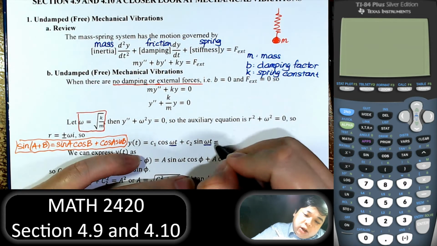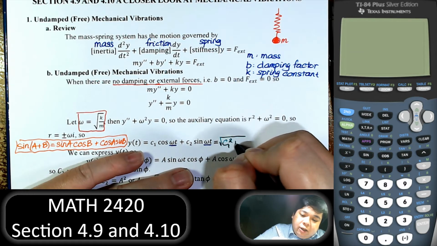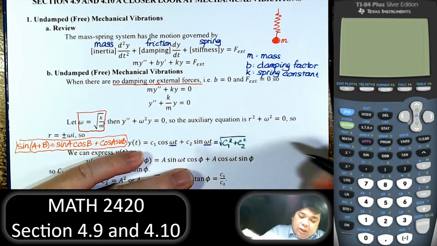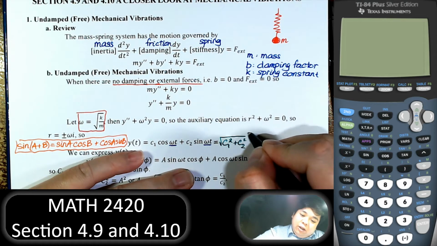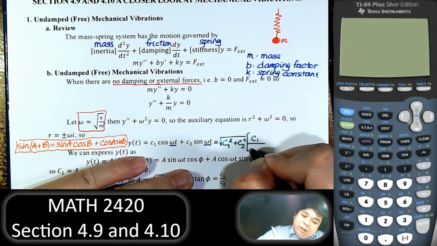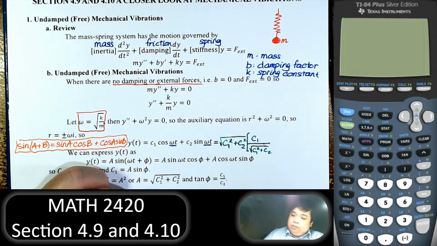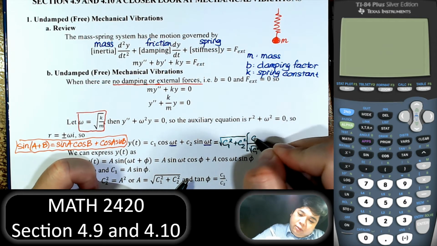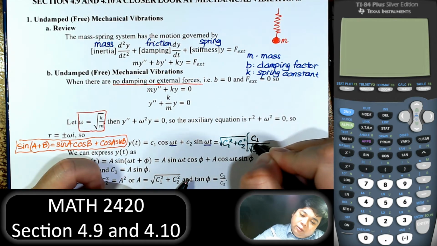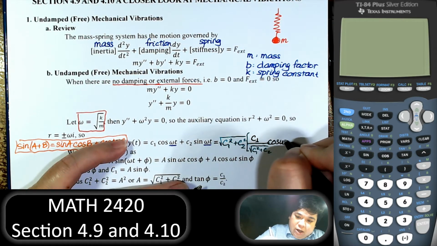First I will multiply by c1 squared plus c2 squared. Of course we cannot just multiply, we have to divide. So we have c1 over the square root of c1 squared plus c2 squared, and then we have cosine of omega t.